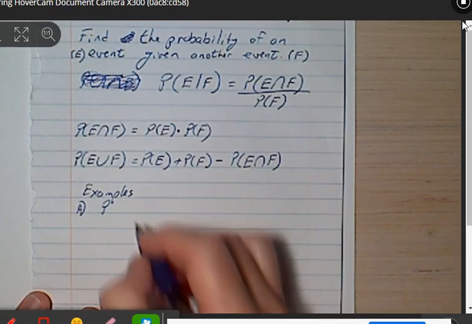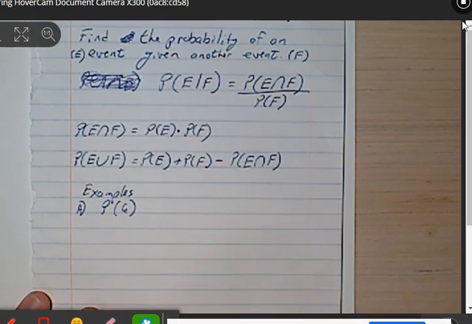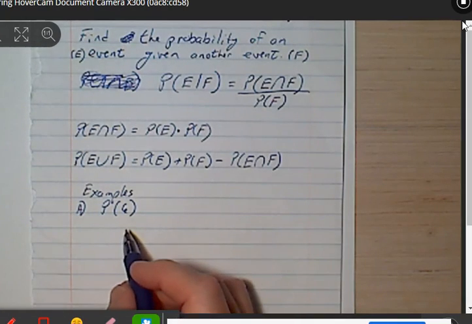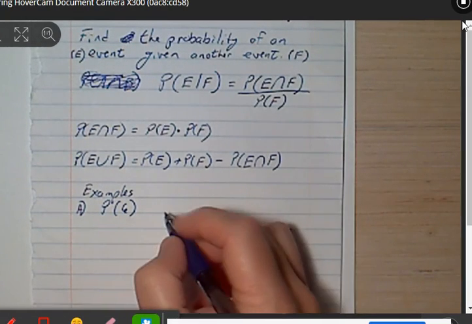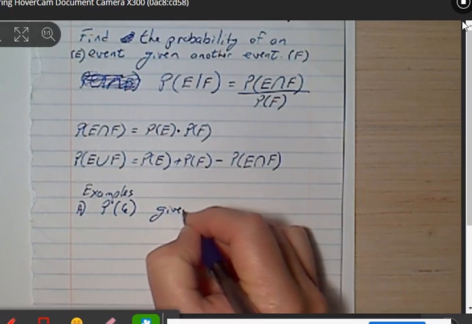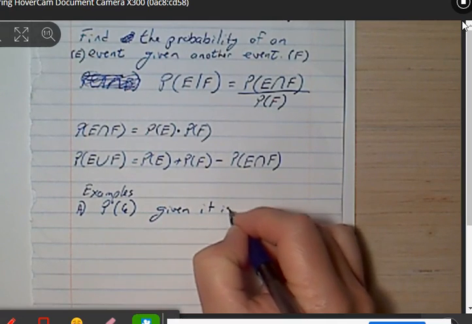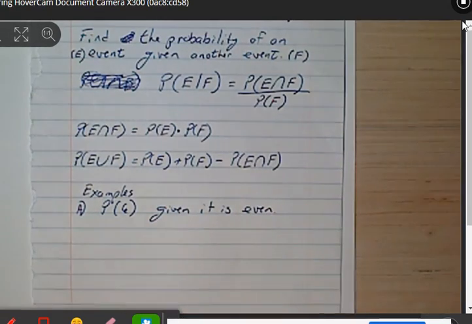So it could be the probability of getting a 6, if we're talking about rolling a number cube, or a die, the probability of getting a 6 given that it's even.